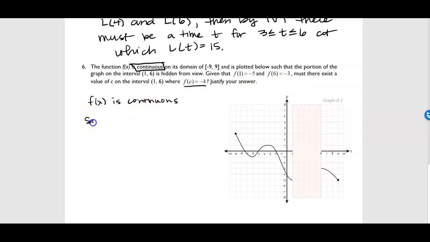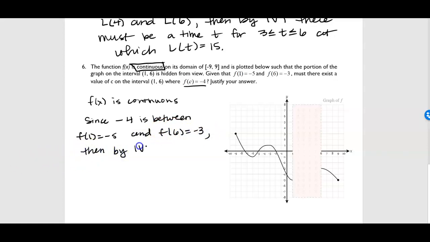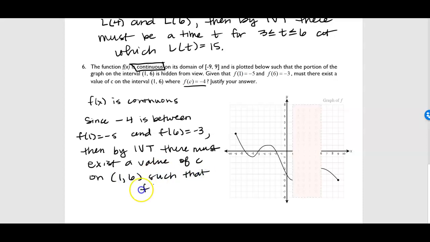And so I can say since -4 is between f of 1, which is -5, and f of 6, which is -3, then by IVT, and again, I'm going to repeat the language here, there must exist a value of c on the interval 1 to 6 such that f of c equals -4.